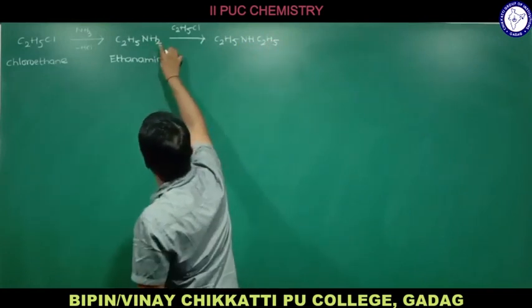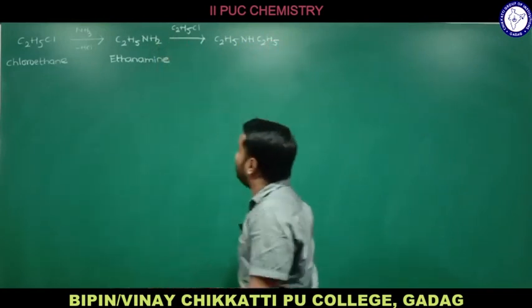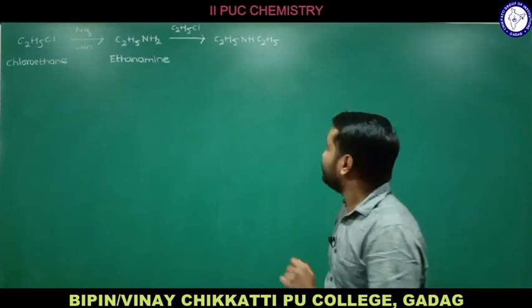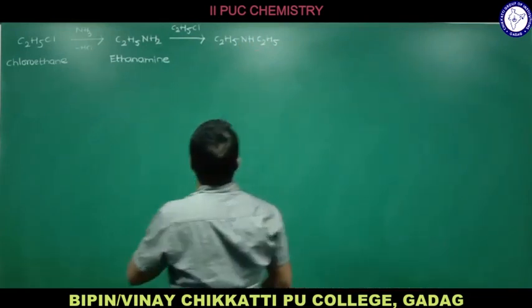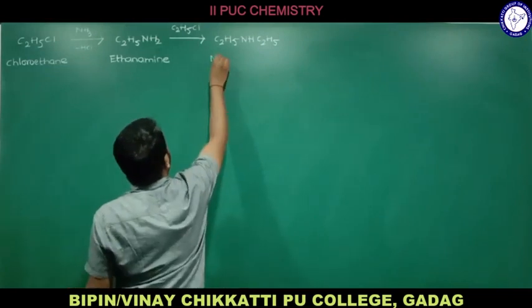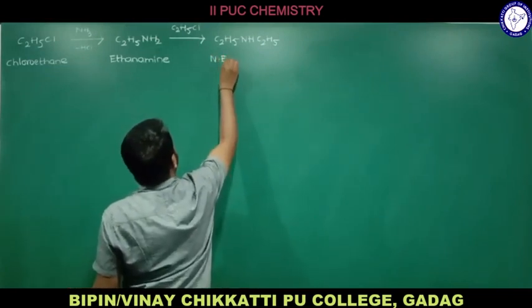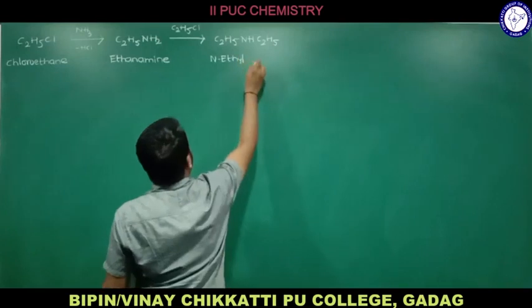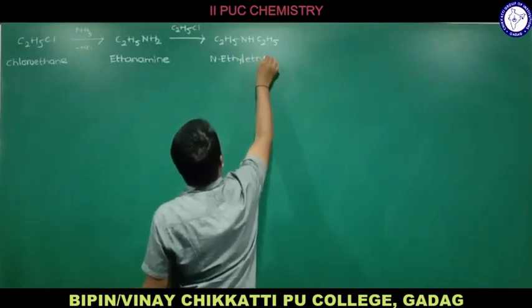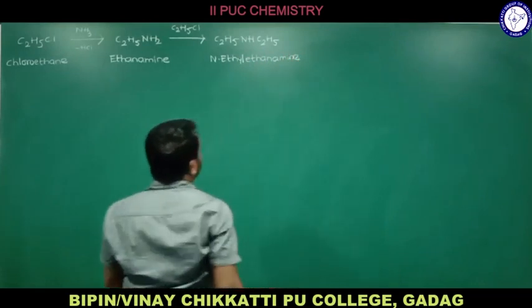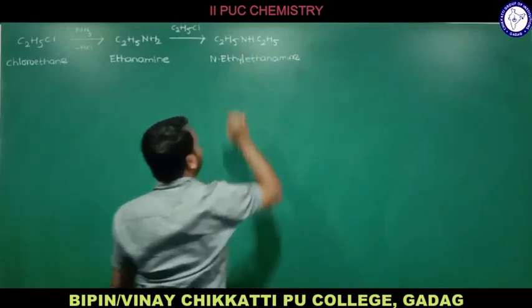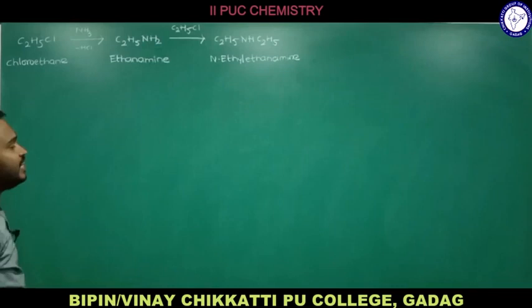Out of two hydrogens, one hydrogen is replaced by an alkyl group, that is the ethyl group, and this is the secondary amine. The name of this compound would be N-ethylethanamine. So this is the ethanamine, and we have an ethyl group over here: N-ethylethanamine.